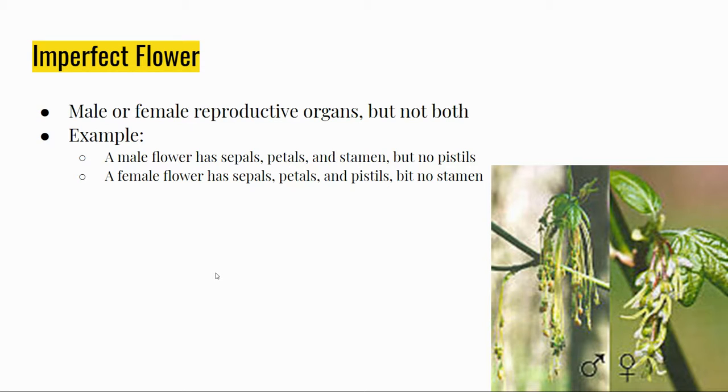All right, so the different types of flowers. There are imperfect flowers where they may have male or female reproductive organs, but they do not have both. So an example is a male flower has sepals, petals, and stamen, but no pistils, or a female flower will have sepals, petals, and pistils, but no stamen.